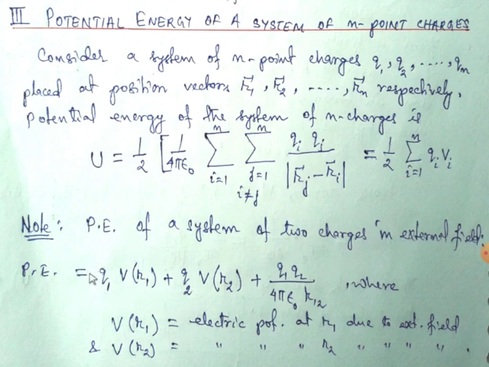The work done for bringing q1 to position A of position vector r1 is q1 times the electric potential at r1 due to the external field.